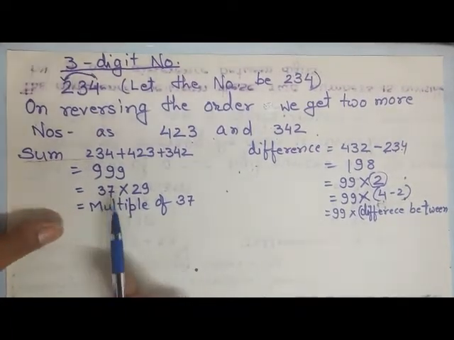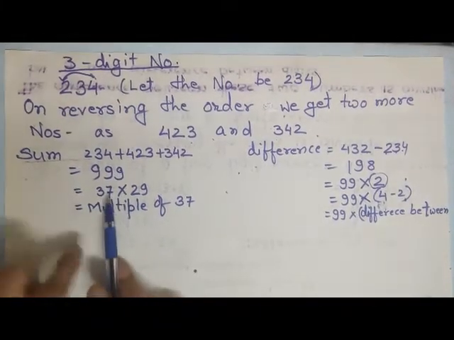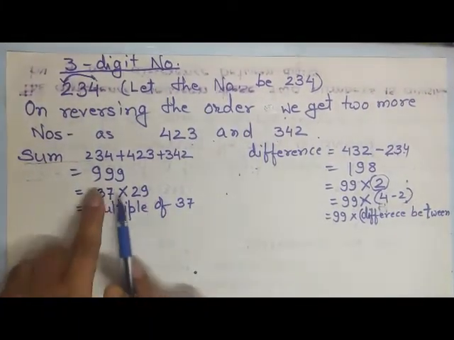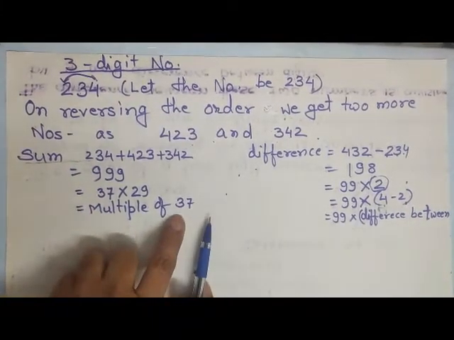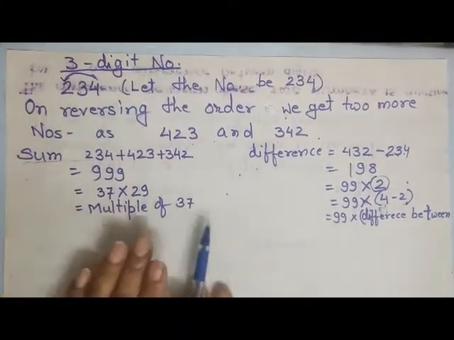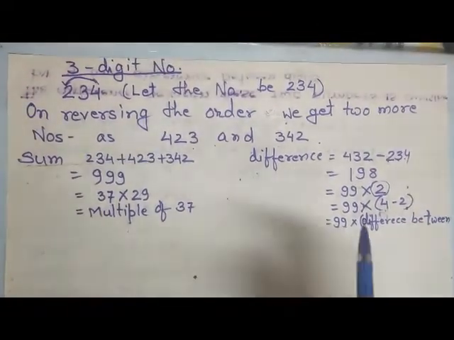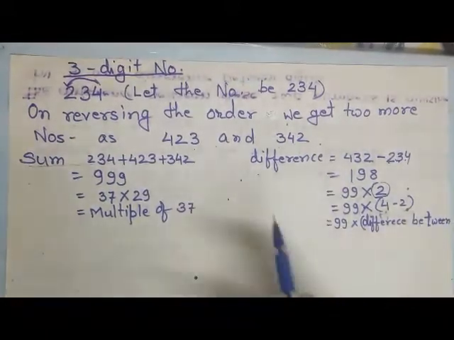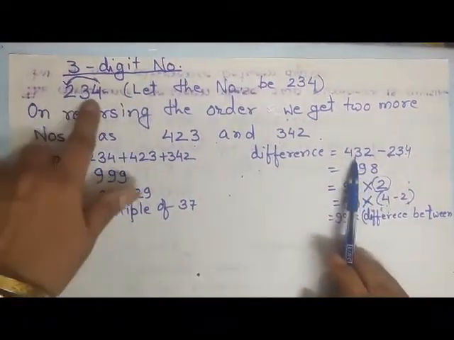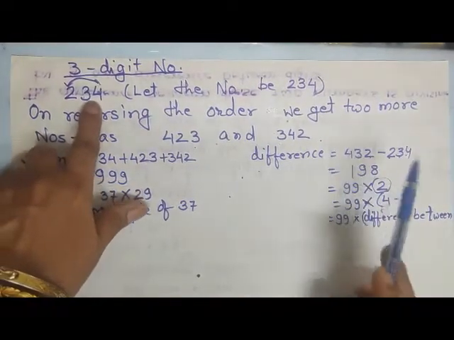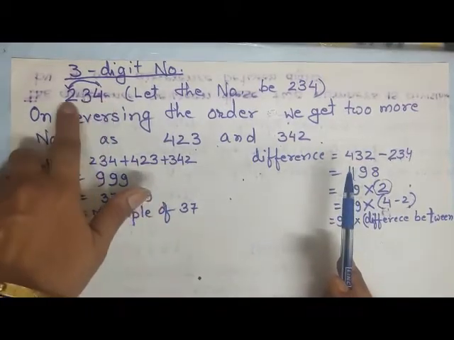It means the sum of the numbers is divisible by 37, that is, it is a multiple of 37. Now let us consider the difference between the numbers formed by reversing the order directly. If the number is 234, when we reverse it directly, it gives 432.